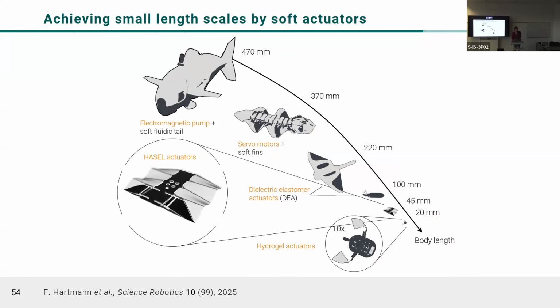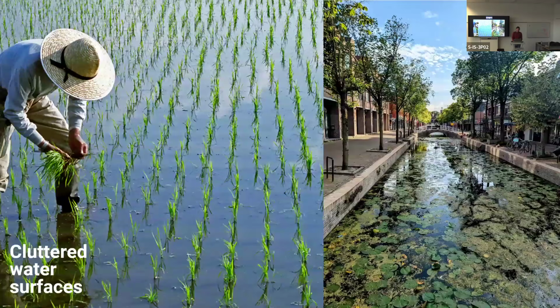So I want to spend a few slides on this robot here, which is a small scale robot, about 5 centimeters in dimension, that can swim on the water surface. And you might want to ask yourself, why do you want a small scale robot like this?